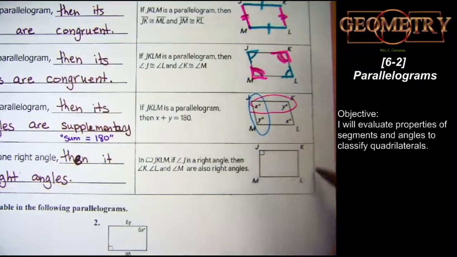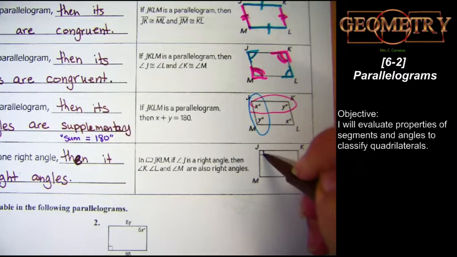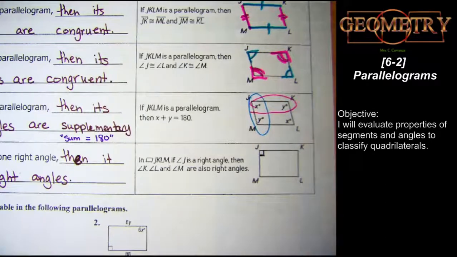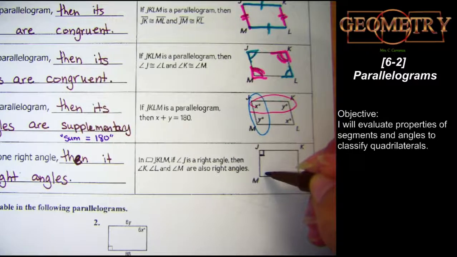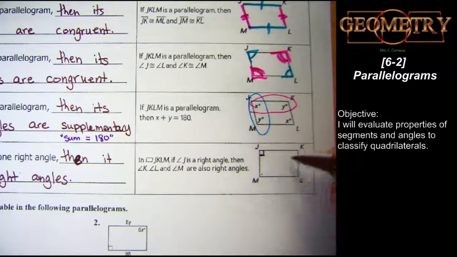All right, here's a parallelogram. This is a right angle. The second property of parallelograms says opposite angles are congruent. So if this is a right angle, then this is too. Third property says that consecutive angles are supplementary, which means they add to 180. So if this is 90 degrees, then this has to be too. And opposite angles are congruent. So if this is 90, then this is too. If there's one right angle, all of them are right angles.